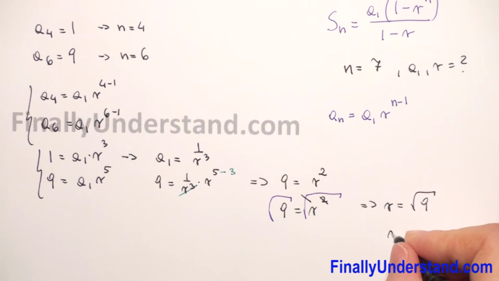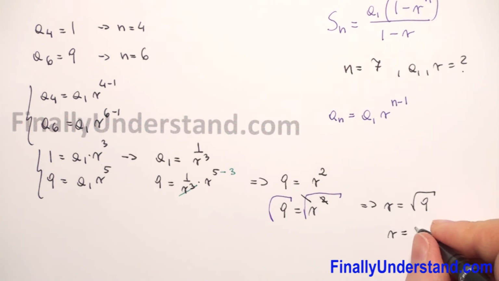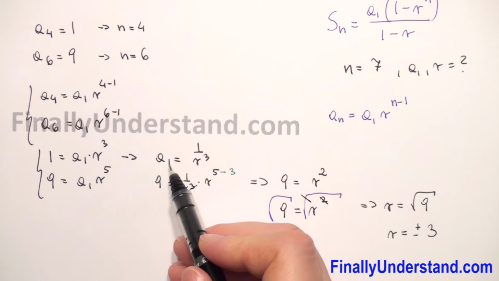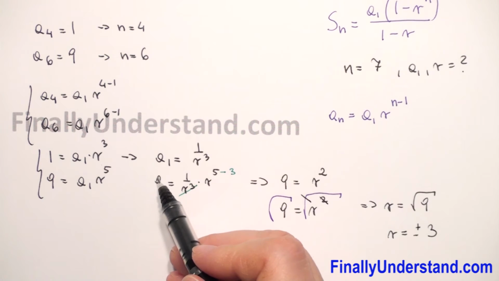So r can be positive or negative 3, because 3 to the second power gives me 9 and negative 3 to the second power gives me 9. So we have r. So now we will go to our first equation and we will calculate a1.